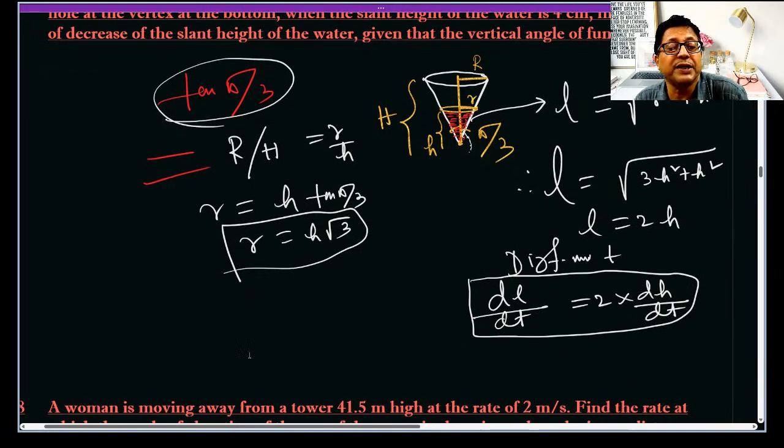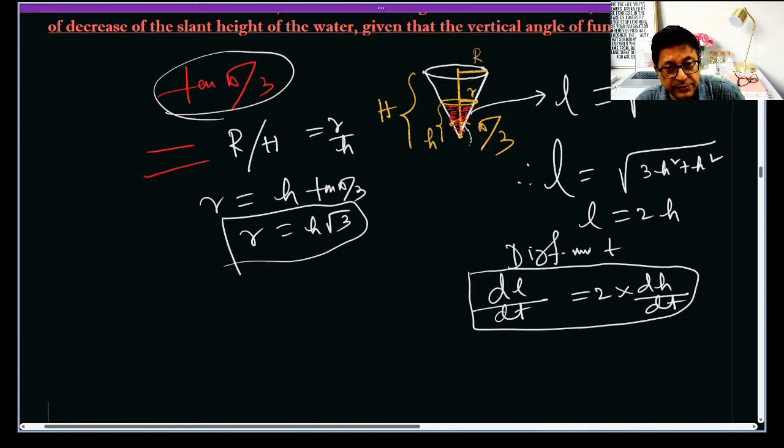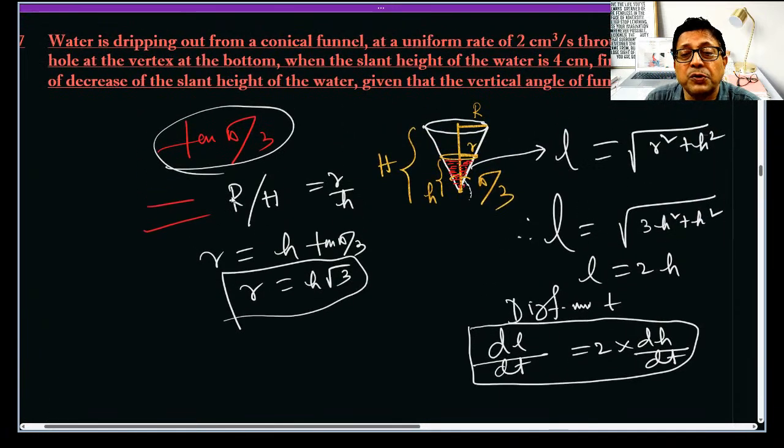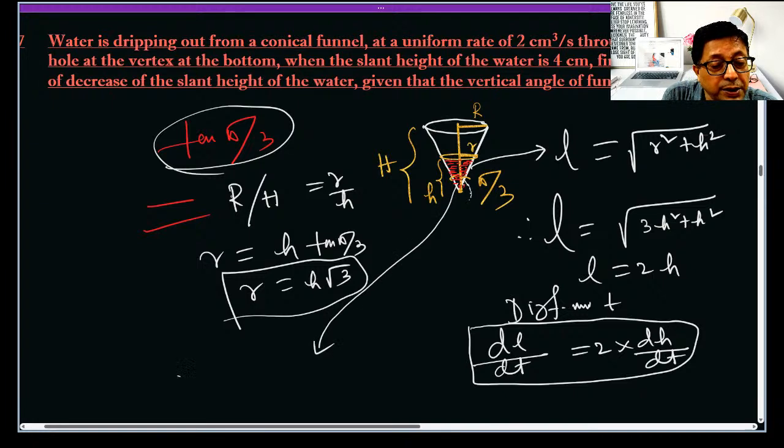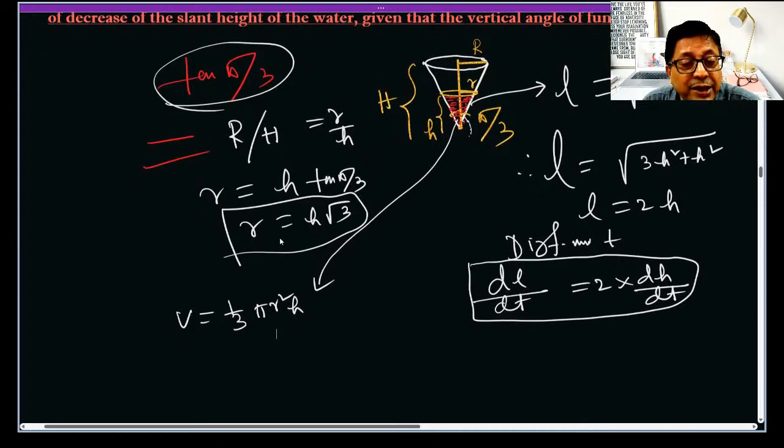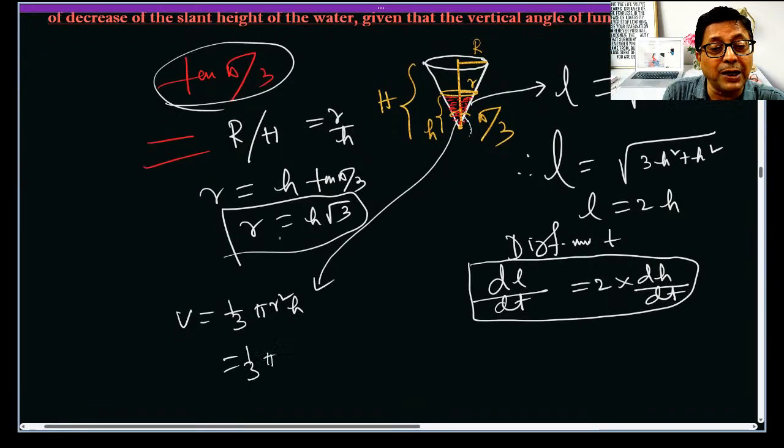What is the value of V here? The volume of water. V equal to, for this small part only, 1/3 pi r square h. And here also you can put the value of r. So 1/3 pi into root 3 h square into h.